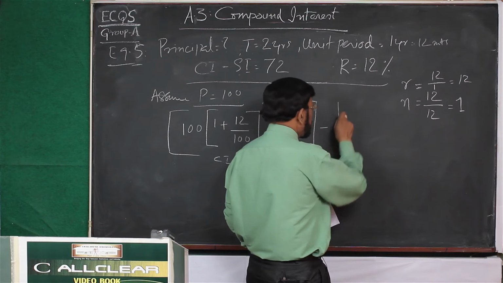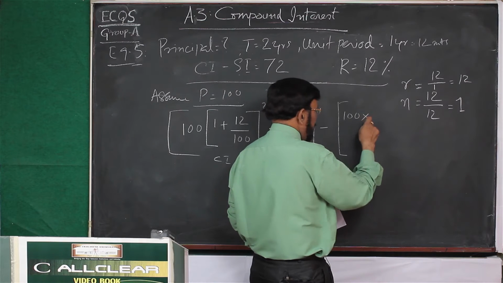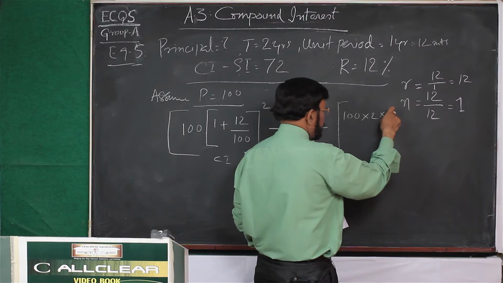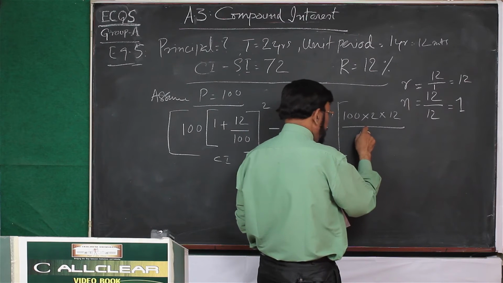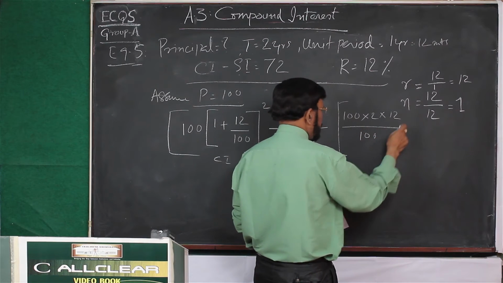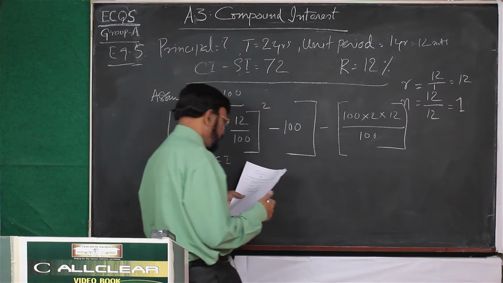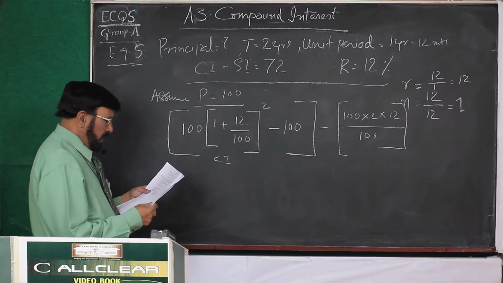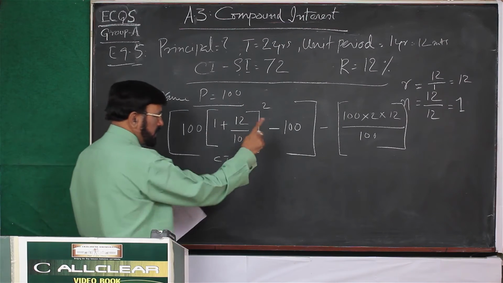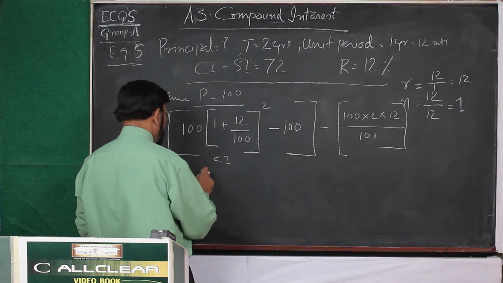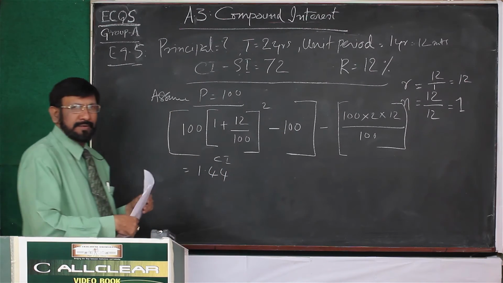What is SI? Simple interest: 100, time 2 years, rate 12 by 100. Then this simply comes to 24, and ultimately the difference, if you calculate, you can get 1 rupee 44 paise.